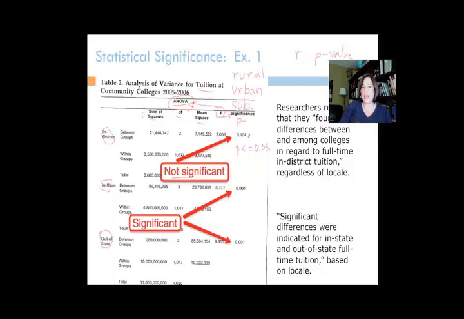So what they're saying with the significance is that it's not significant, that it doesn't matter if the college is rural, urban, or suburban. These colleges do not vary on in-district tuition. But they do vary significantly on in-state tuition and out-of-state tuition.